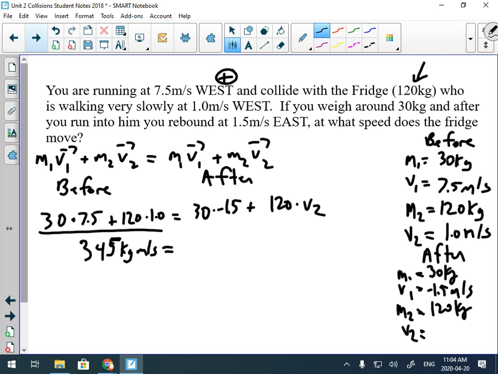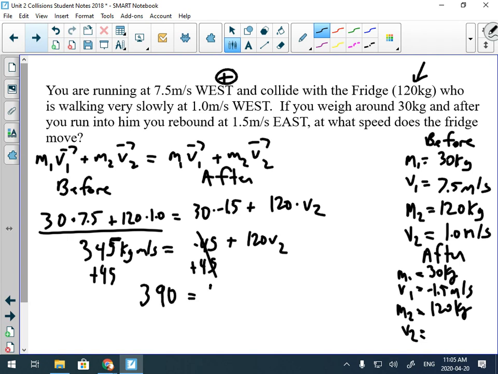Okay, 30 times negative 1.5 is negative 45. Okay, plus 120 V2. How do we get rid of a negative that's going through addition? We add 45. That cancels. Add 45. So 345 plus 45 gives me 390.